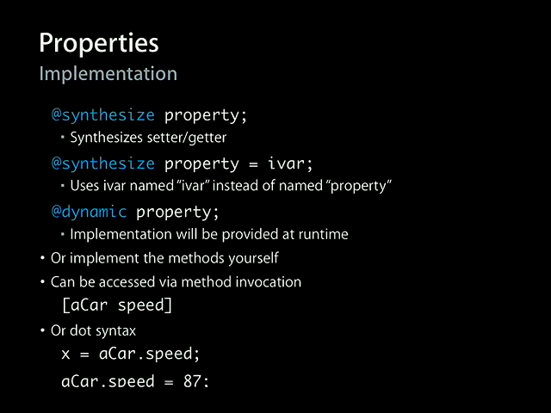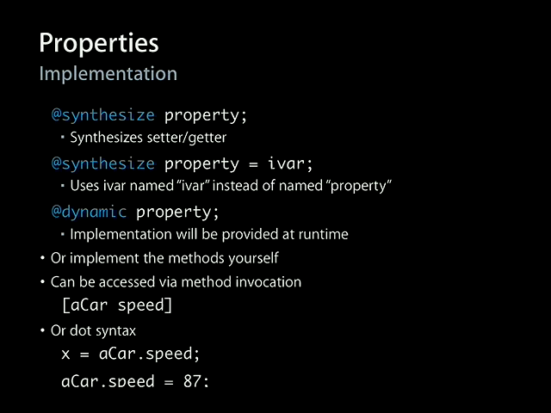Now, on the implementation side, there's a new keyword, @synthesize. Say @synthesize property name in your @implementation block, and it will synthesize the methods necessary to fulfill the contract that was declared with the @property declaration.